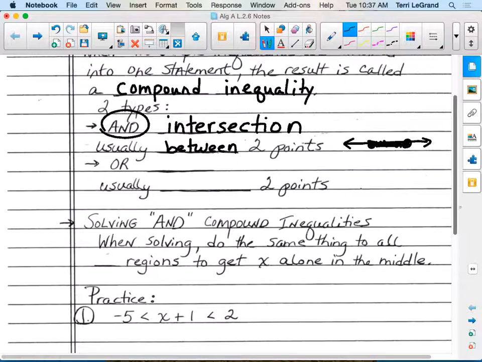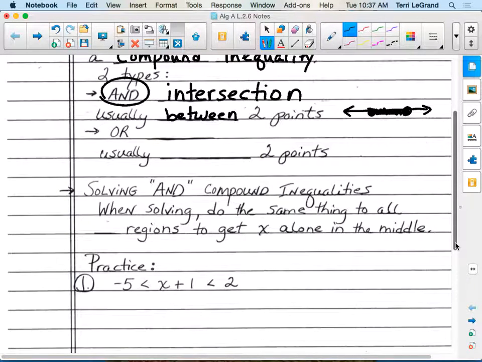It's an intersection. The other type of compound inequality: there are only two types, the and type and the or type. Would you circle that? The or type is the union of them. The graph for these still has two endpoints, and again we have to decide whether those endpoints should be shaded or not, but for now we'll just shade them in.